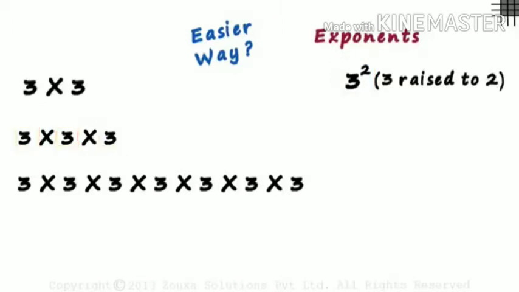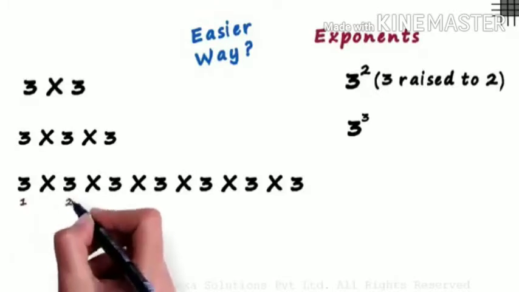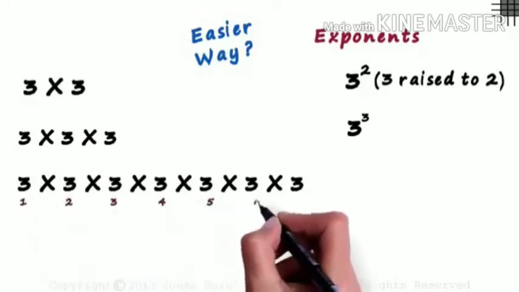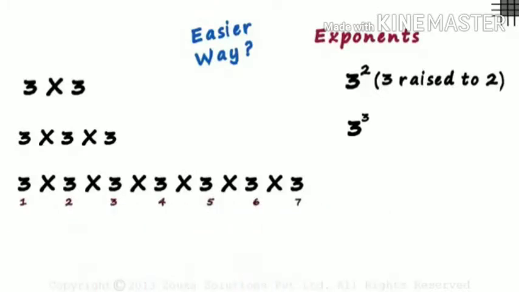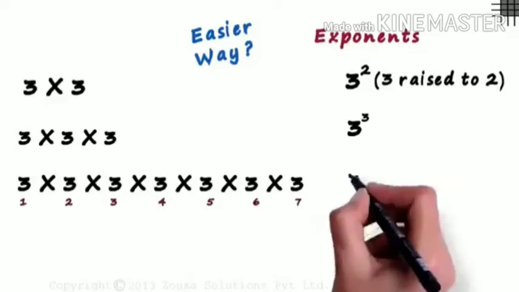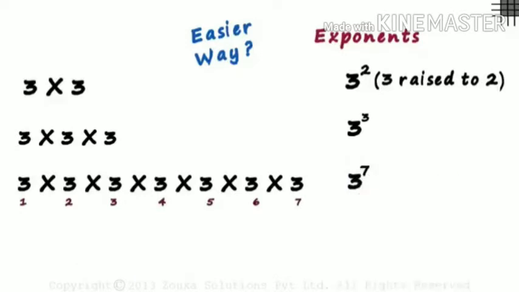Hence, it can be written as 3 raised to 3. How do we get a 3 in the superscript? That's because we have 3 3's. And in the final example, we have 1, 2, 3, 4, 5, 6, 7. 7 3's. So we write this long string of 7 3's as 3 raised to 7.